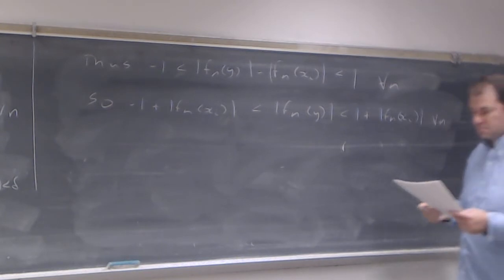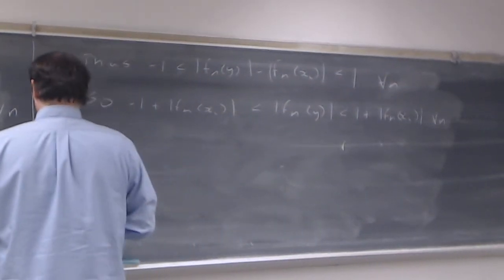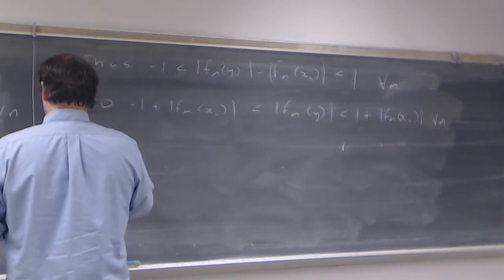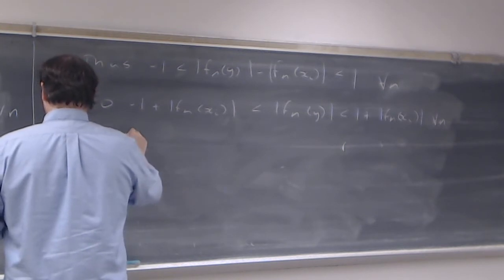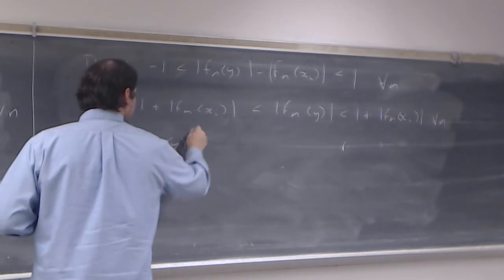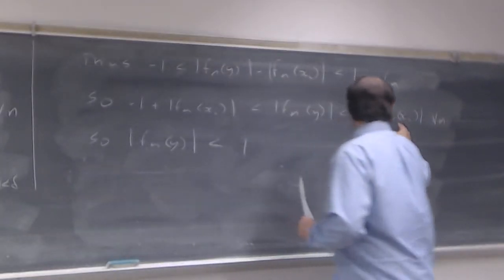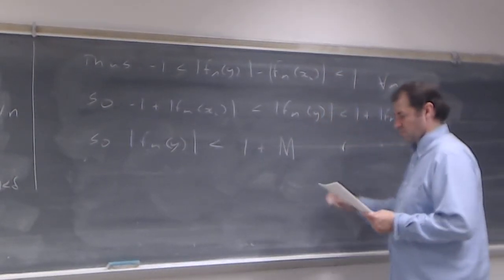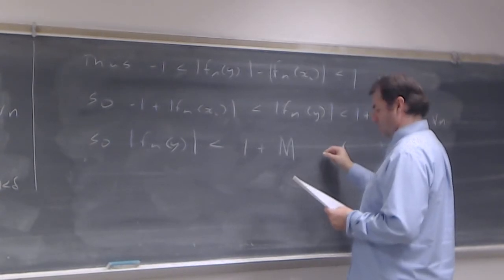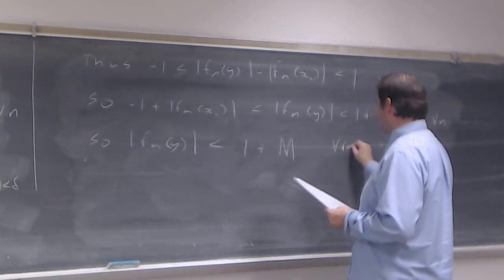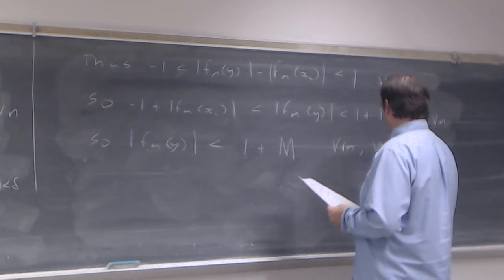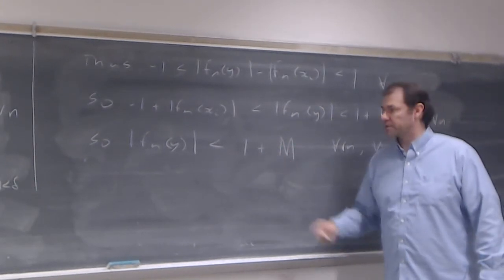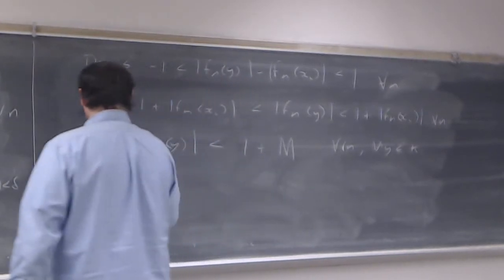So that means that the absolute value of f sub n of y is going to be less than 1 plus that, and I'm going to replace this with something bigger. What's bigger than that is M. And this is true for all n and for all y an element of K. So here, this is my uniform bound for this sequence.